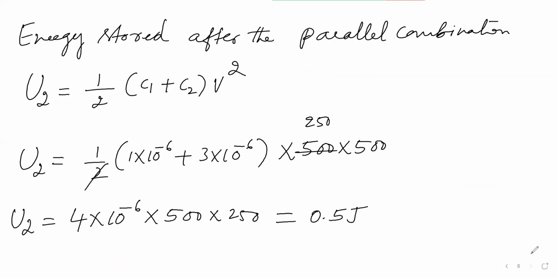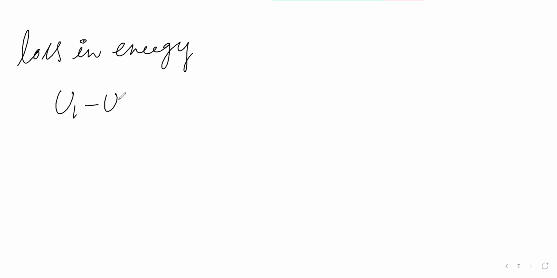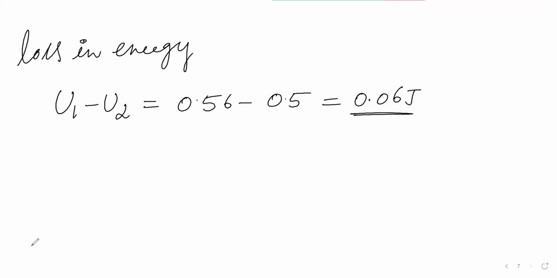For that, I can write: loss in energy is U1 minus U2 equals 0.56 minus 0.5, that is 0.06 joules. This is the dissipated energy during the parallel combination.